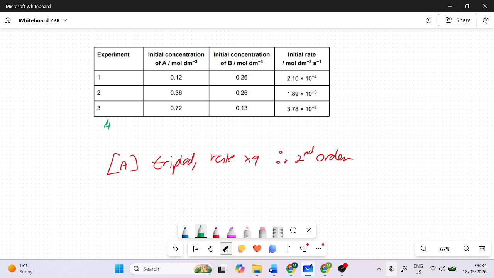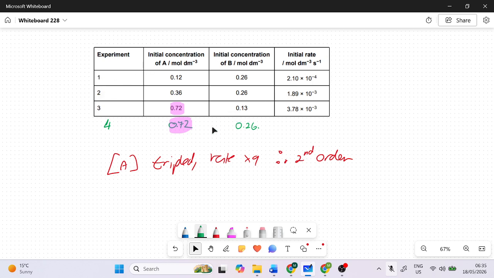A fourth experiment that has concentration of A at 0.72, where those two are the same. And then the only other number I need is the 0.26. And I can use either experiment 1 or experiment 3. They will give me the same data.